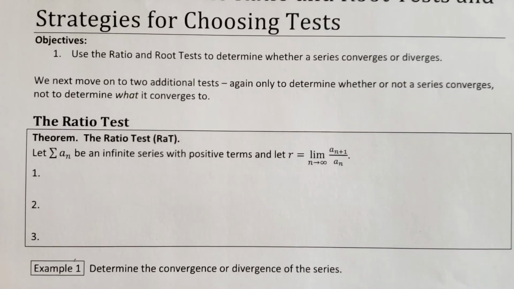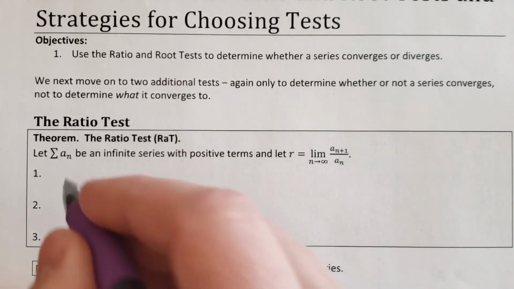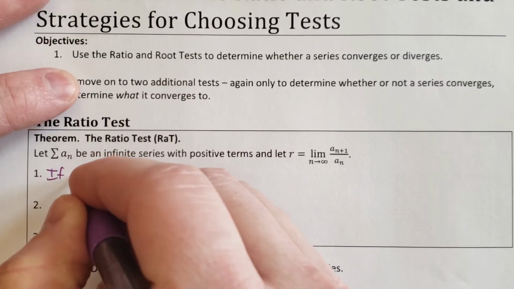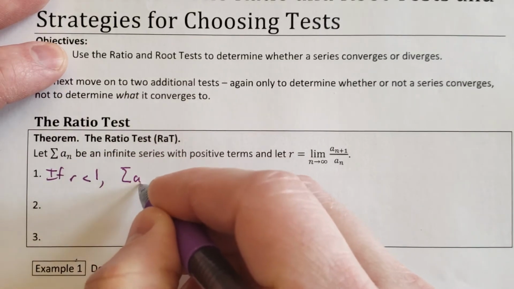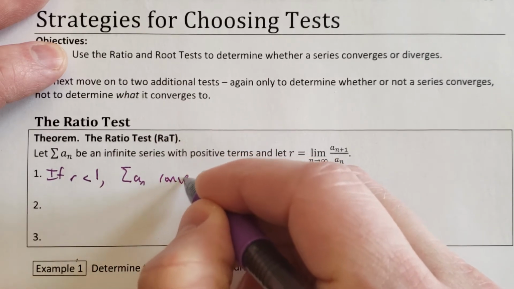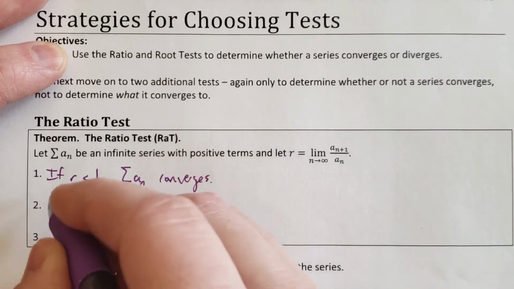So there are three possible conclusions here. If that r is less than 1, the series converges. It sounds familiar.